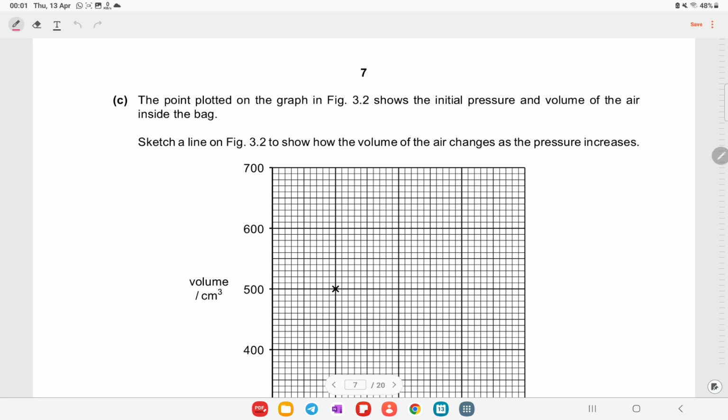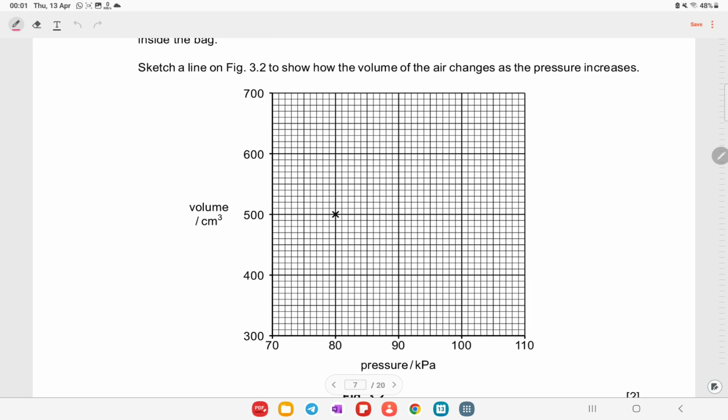The point plotted on the graph in figure 3.1 shows the initial pressure and volume of air inside the bag. Sketch a line on figure 3.2 to show how the volume of air changes as the pressure increases. So we have to find the data from the previous question. The graph is a volume and pressure graph.